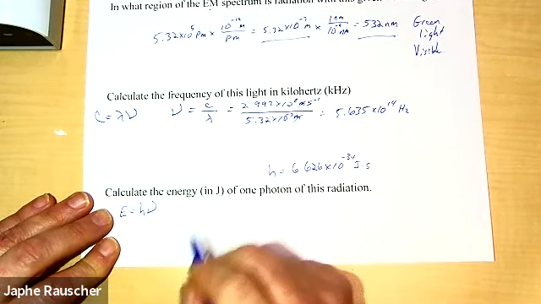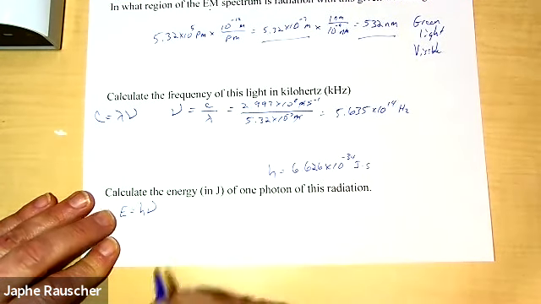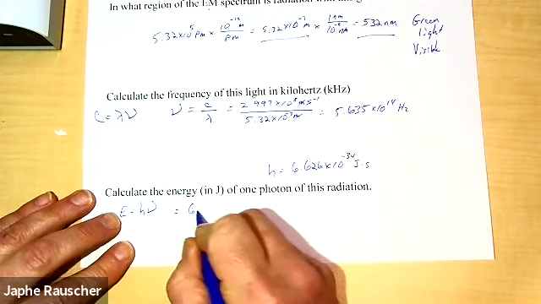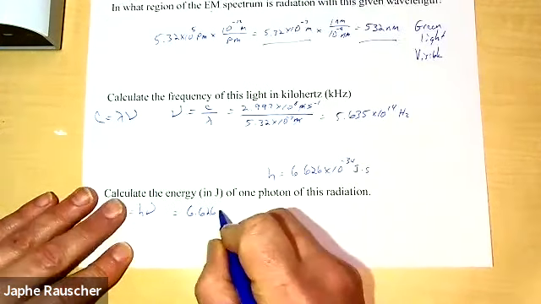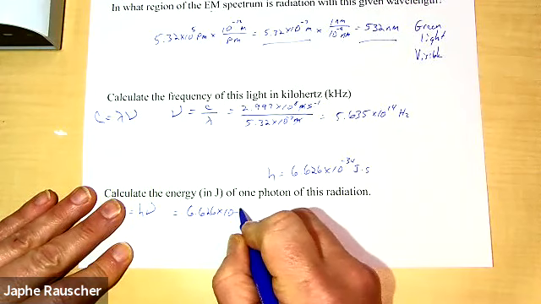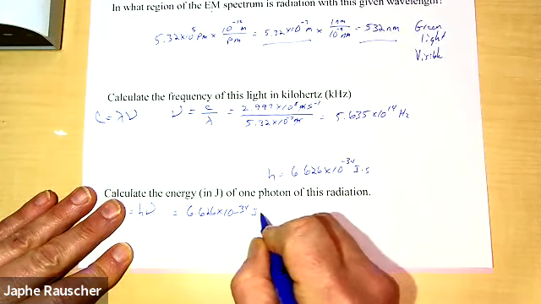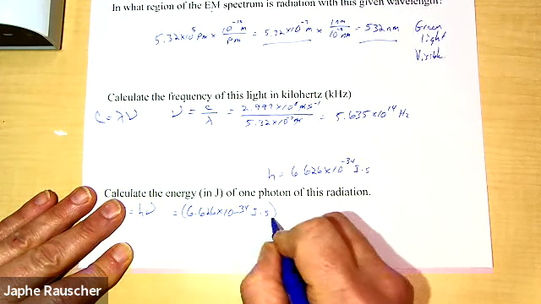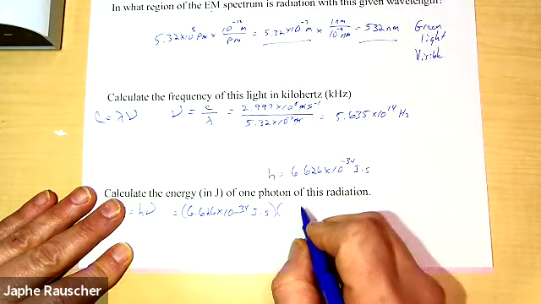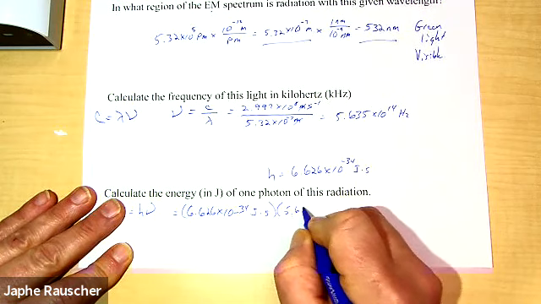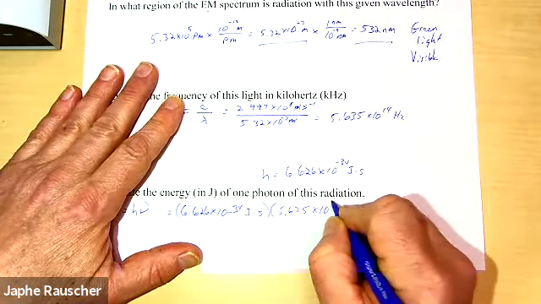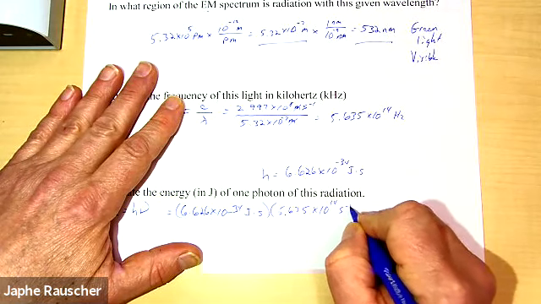So we'll just multiply that number times our frequency that we have here. So this is going to be 6.626 times 10 to the negative 34 joule seconds. We'll multiply that by 5.635 times 10 to the 14 seconds to the negative 1.